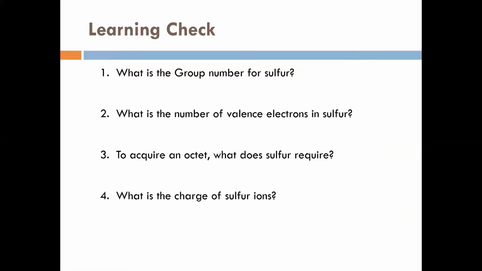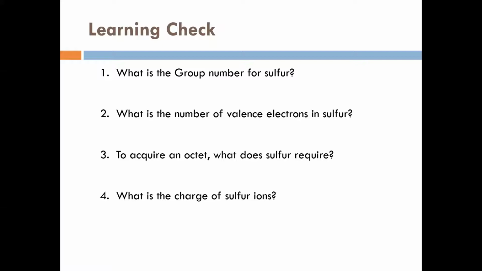So let's talk about sulfur now. Sulfur itself, remember, I want you to think about what group number it's in. Then from there, I want you to know how many valence electrons it has. Remember, the group number equals the number of valence electrons. From there, what does it need to acquire an octet?